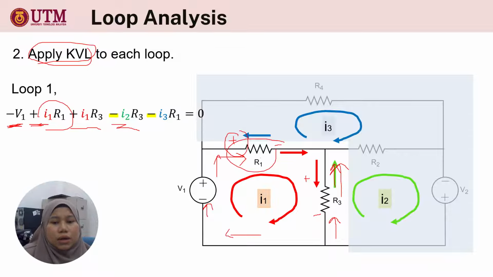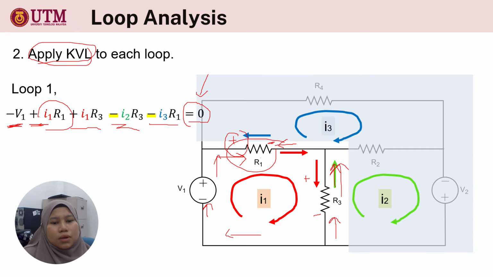How about R1? Also the same, there are two currents flowing in. I3 is in a different direction, so it goes through the negative terminal here. So it will be negative I3 multiplied with R1, equal to 0. This is the KVL rule: all the summation is equal to 0. You guys get it? This is very, very important for you to understand.